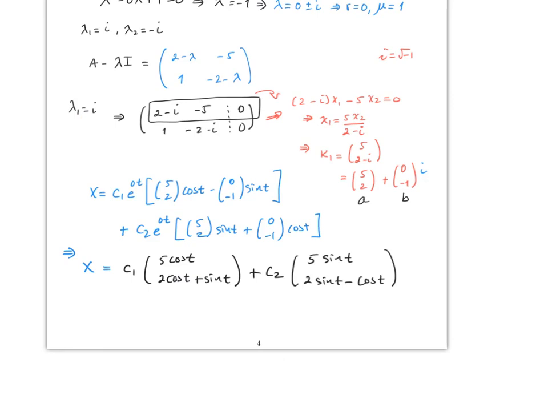We could use lambda 2 equals minus i, and it will give you different eigenvectors, like minus 2 plus i and 2 plus i, but the solution will still be considered correct. So again, when it comes to complex eigenvalues and eigenvectors, you only use one, and you will get the two parts that you need to get the answer, and that's it.